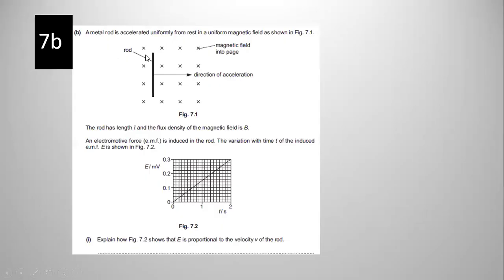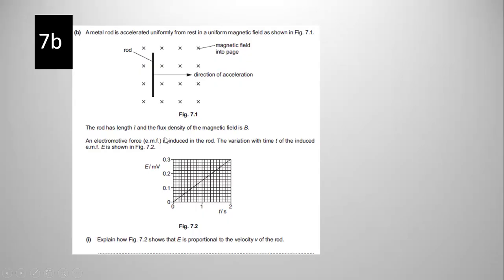A metal rod is accelerated uniformly from rest in a uniform magnetic field as shown in figure 7.1. The rod has a length L and magnetic flux density B, length L, that's the length.